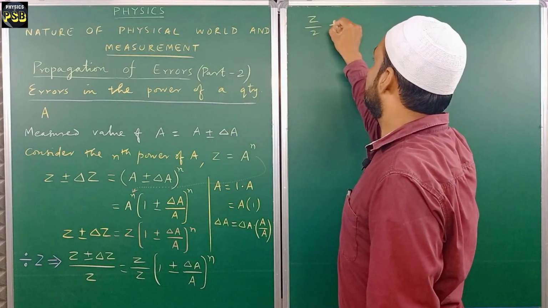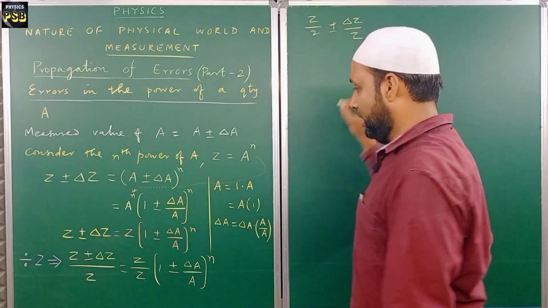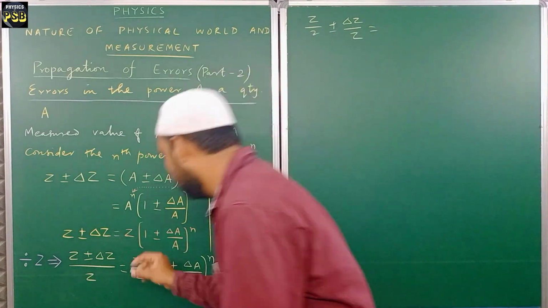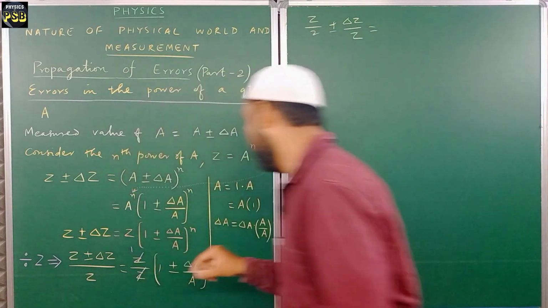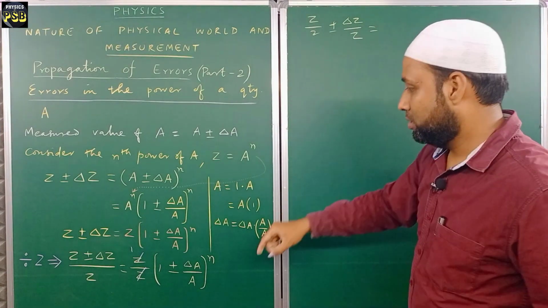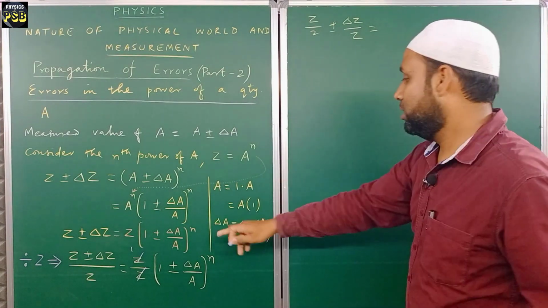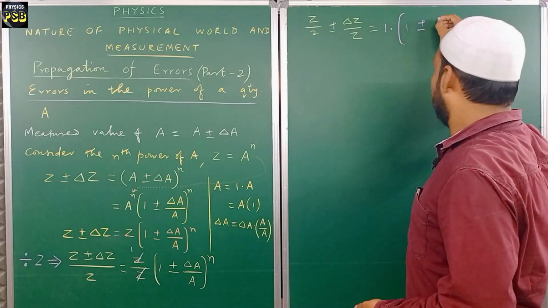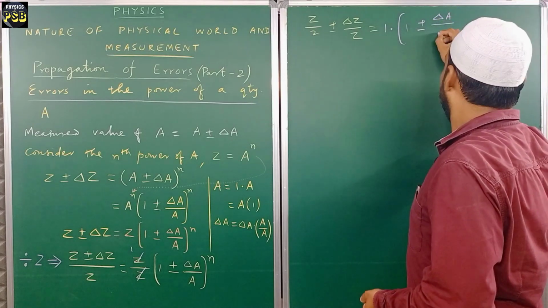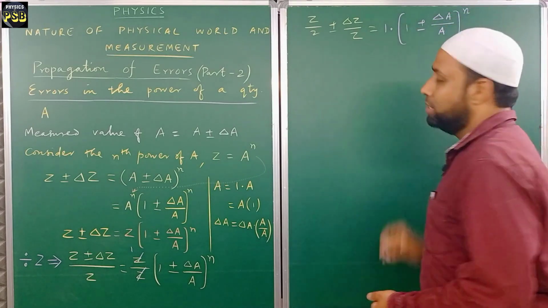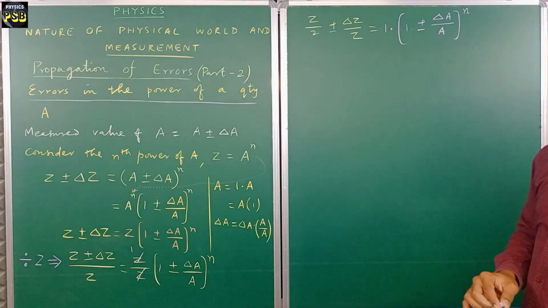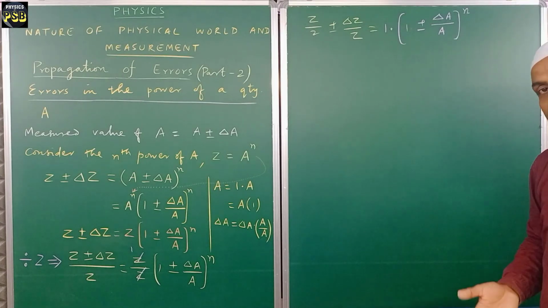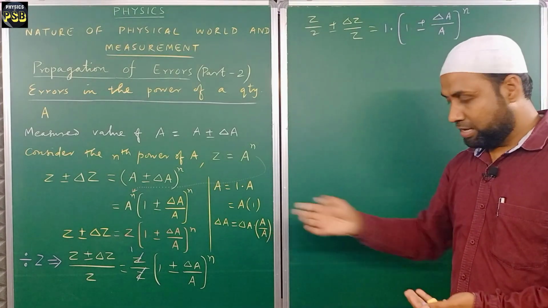So Z upon Z plus or minus delta Z upon Z equals Z divided by Z, which gives 1, multiplied with this 1 plus or minus delta A upon A power n. Now look carefully at what I am going to do. Here I will apply the binomial theorem and I will omit higher order terms as I did in the previous case.